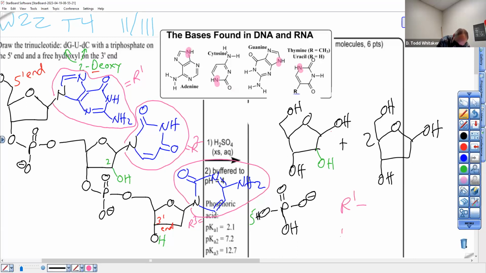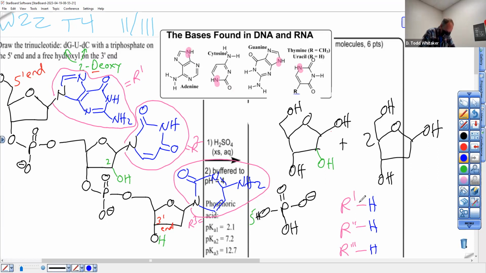R1, the N is attached to what now when you do hydrolysis? The N is attached to what? H. It got its H back. The one you took off to make the thing is back because you did hydrolysis. The opposite of condensation. Full circle.